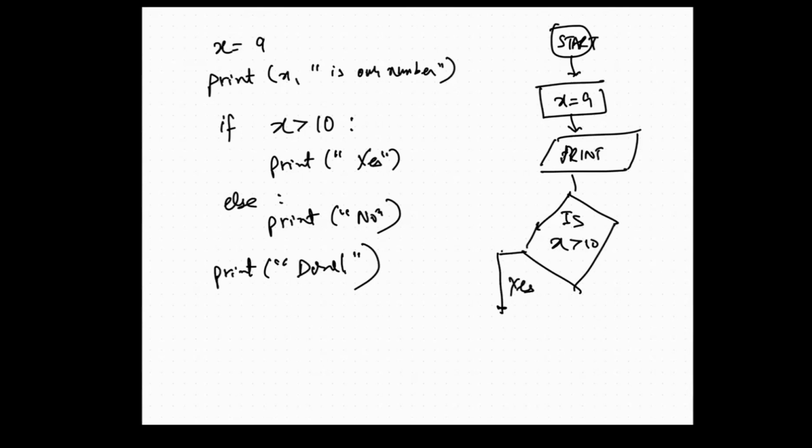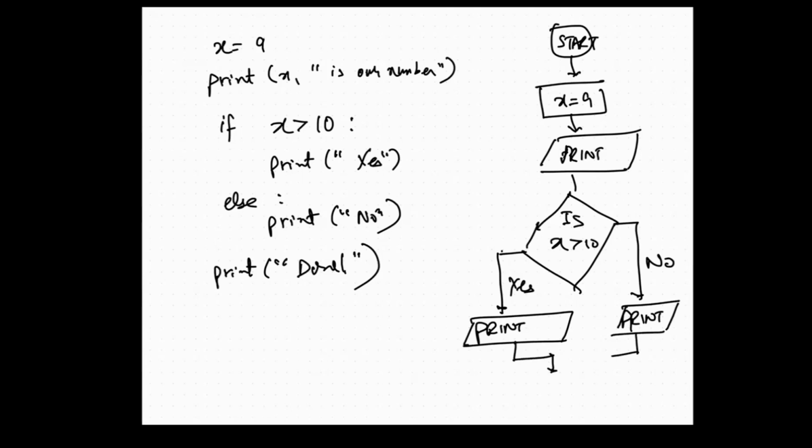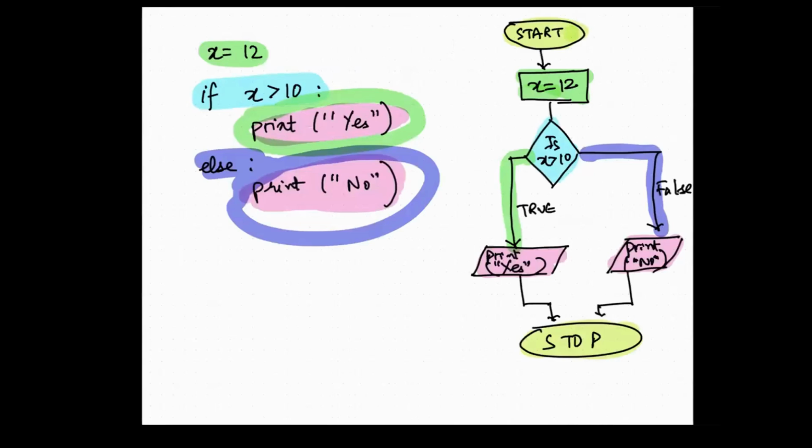You have a yes branch, you have a no branch, you print something here, and now irrespective of what branch you took, you will print done, and then you'll have a stop. Right? So if you contrast this program with the previous program, there you were not printing anything before, and now you're printing before all these ifs and after all these ifs also.